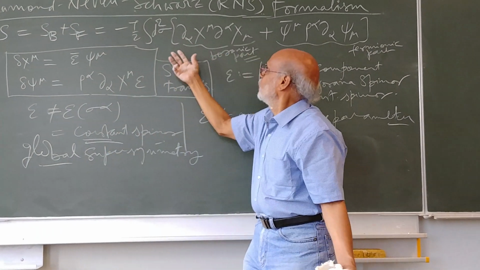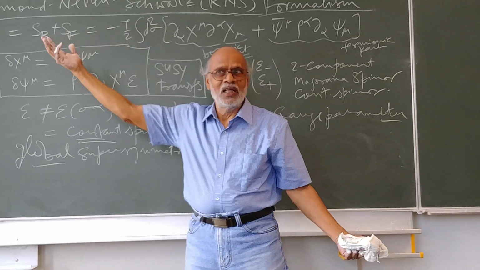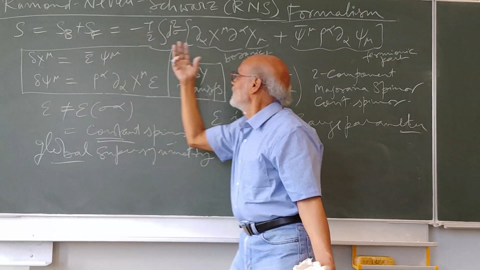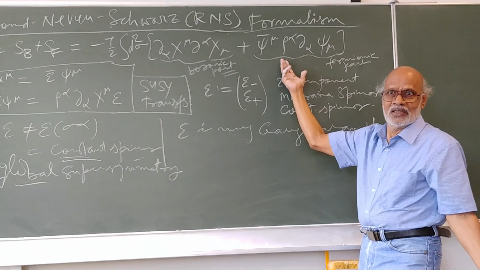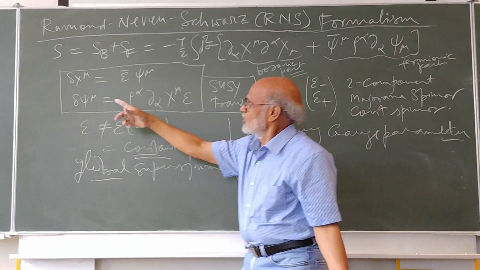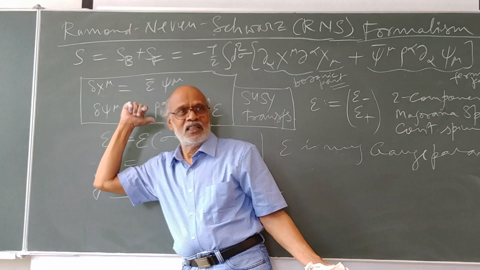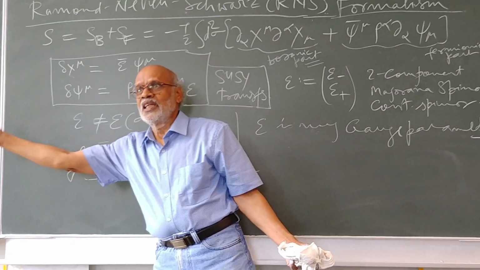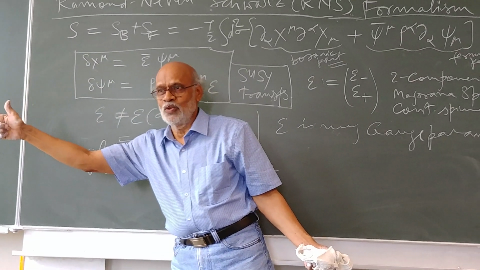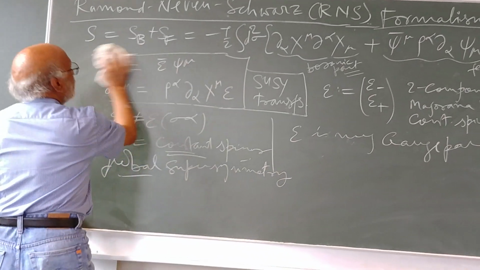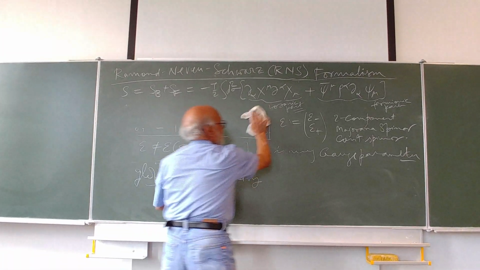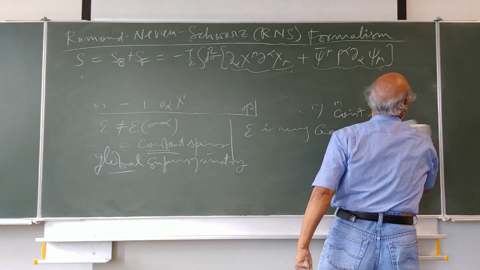This is anyway equivalent to 1/2 d mu phi, right? And this is analogous to the Dirac Lagrangian, okay? But the supersymmetry transformations relate the two. So they take bosons to fermions and fermions to bosons. Is this fine? Good. Now we are ready to understand these things further.